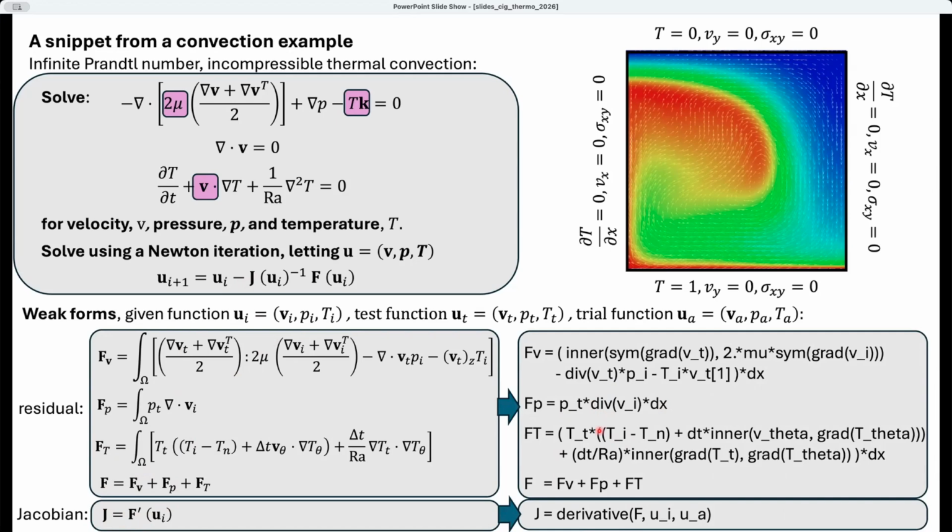And again, it will go away and generate the code in the background that's going to do that finite element assembly. And this is very useful, not just because it's convenient, but because it saves us from having to derive these often complex Jacobian forms ourselves, and also saves us from introducing typos into coding these equations up.